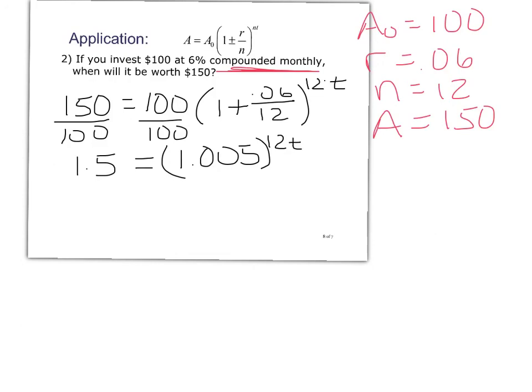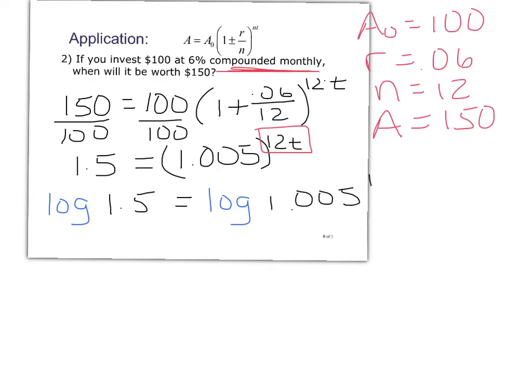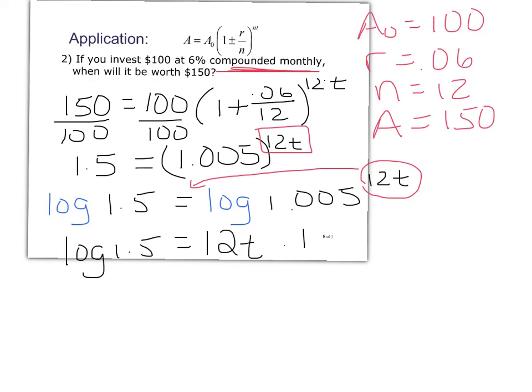Because my t is in the exponent, I'm going to go through and take the log of both sides. And if you remember, this is going to bring this out front. So I'll have the log of 1.5 equals 12t times the log of 1.005.